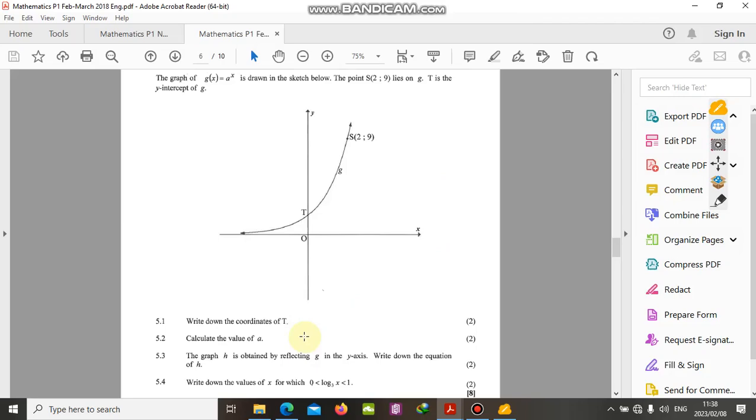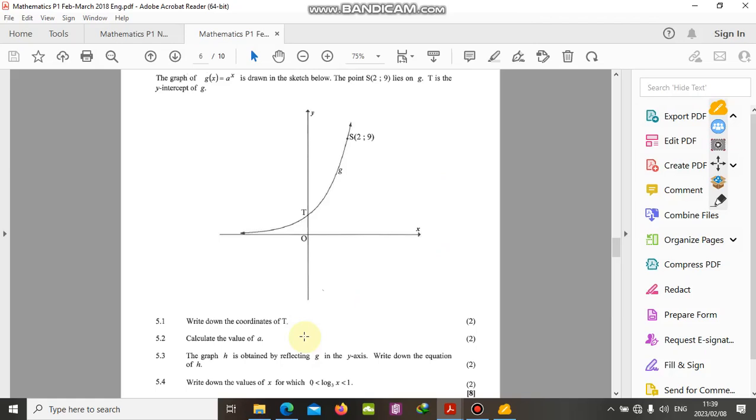The graph of g of x equals a to the power of x is drawn in the sketch. The point S, which has coordinates (2, 9), lies on the graph of g. T is the y-intercept of g.